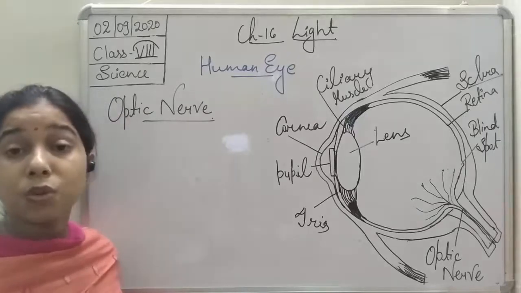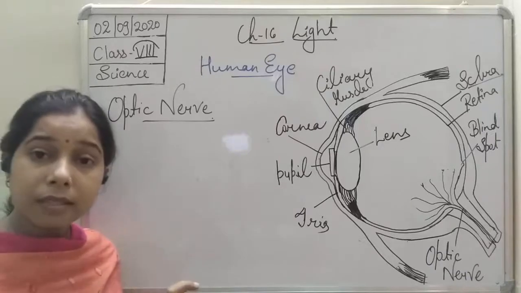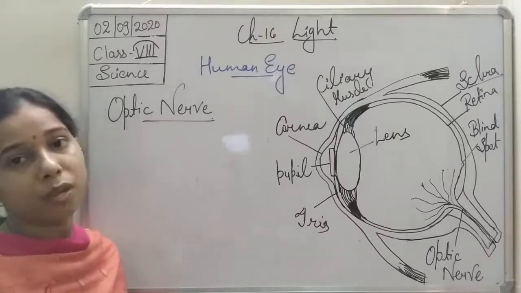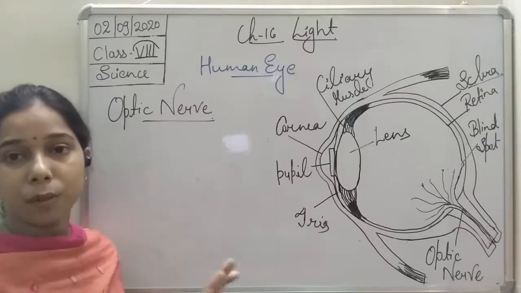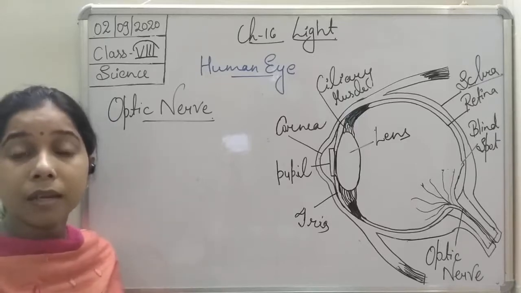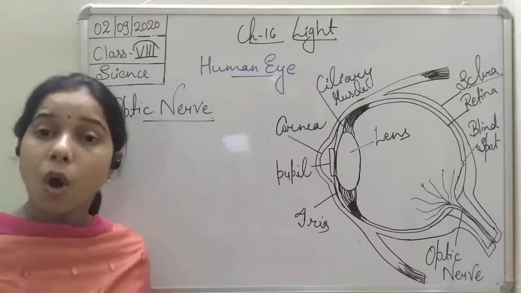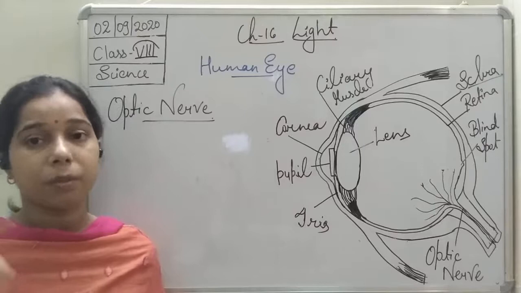The basic function of this optic nerve is to carry the signals of the image to the brain. So you can say that it helps in connecting the retina to the brain. Because what is the role of the retina? It helps in the formation of the image. What kind of image is formed is interpreted by the brain. So it is the optic nerve which carries the signals of the image to the brain.